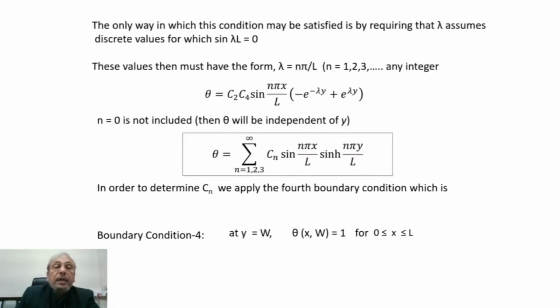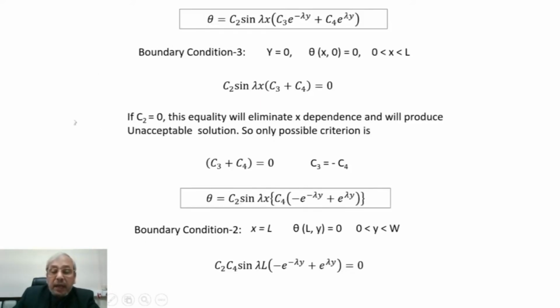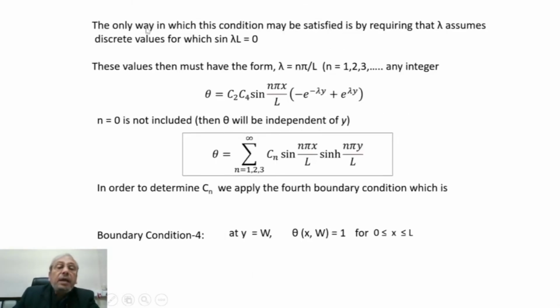Here again we see the only way this can be satisfied is if we apply a special condition on sine lambda L, because C2, C4 we cannot make equal to 0. So sine lambda L equal to 0 for specific values of lambda.